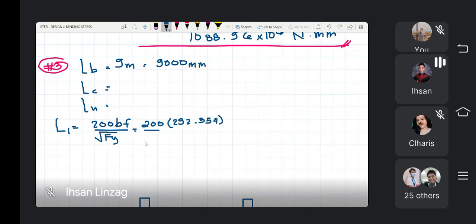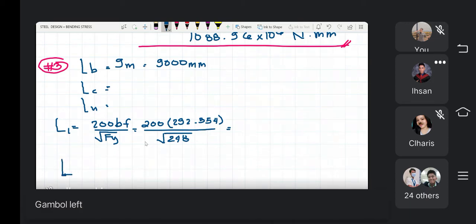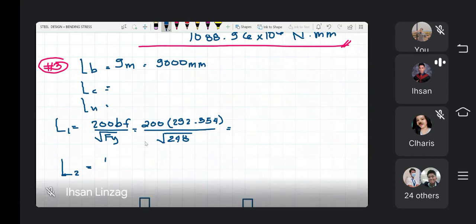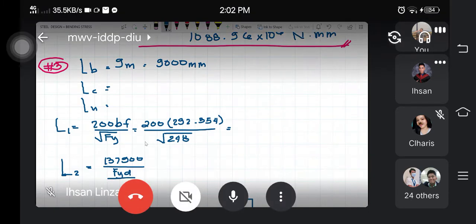Then square root of Fy. Fy is 248 because we are using the A36 steel. So what is the value of L1? 3,712.90.